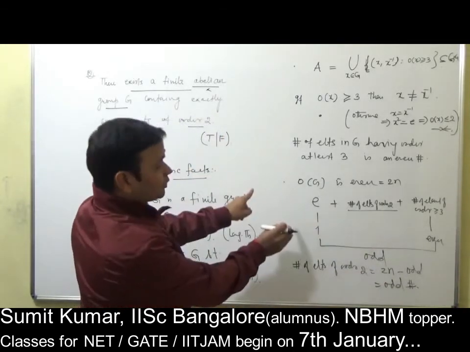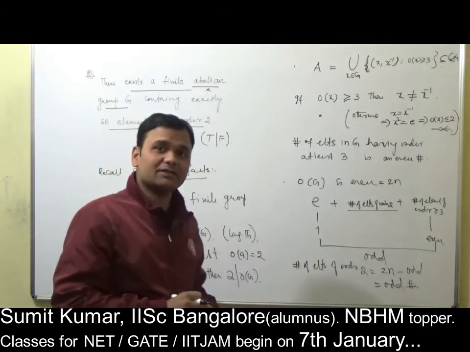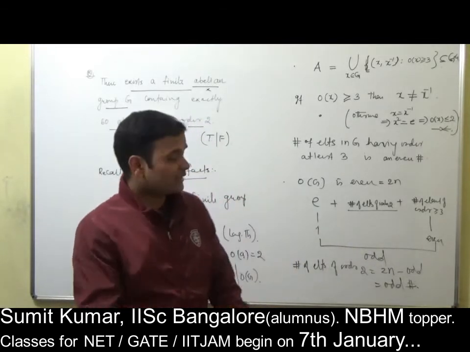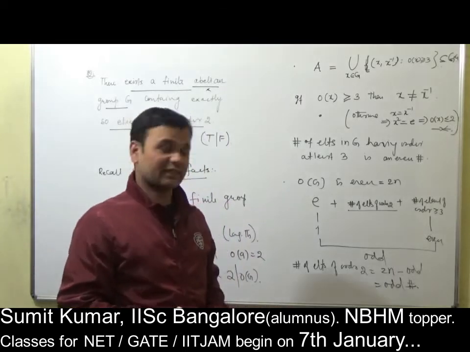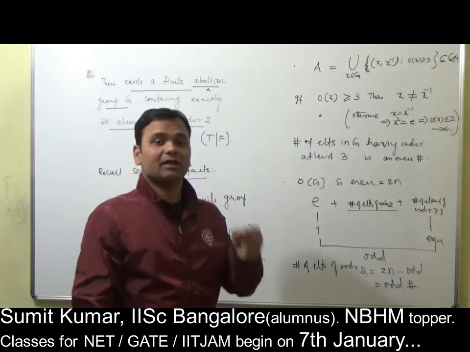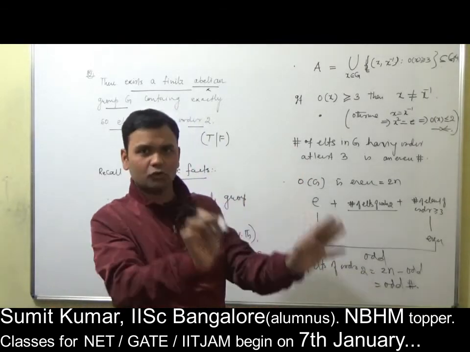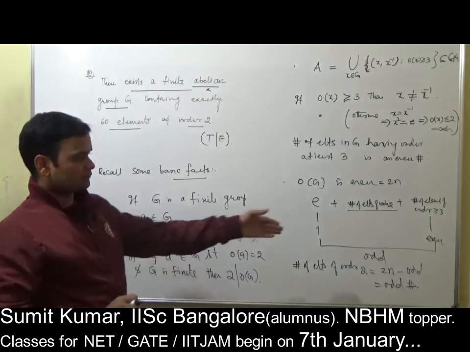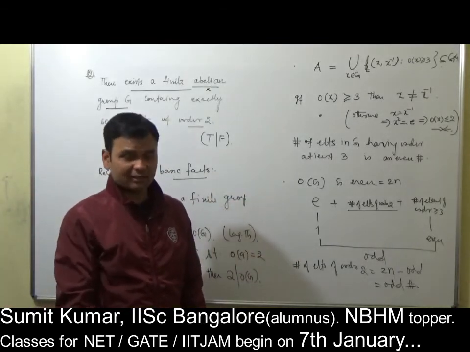This claim says that there always exists an element of order 2 in a finite group of even order. Okay, because 2 must divide that order. Because an odd number always starts with 1. Is that clear? So simple.